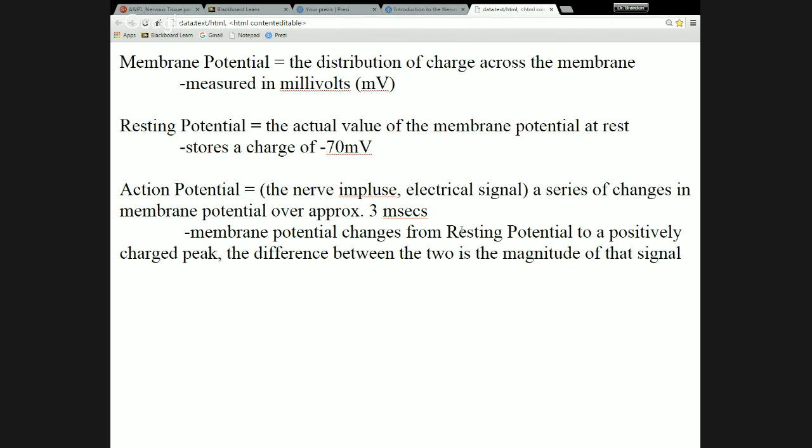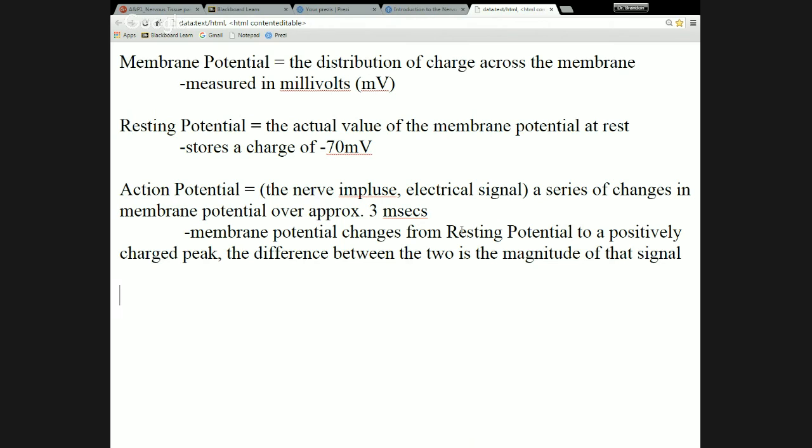Okay, so that 100 millivolt change across the membrane is the basis of our nerve impulse or the electrical signal that we've been talking about. And really a lot of what we're going to do with the rest of this part, well actually mostly on Tuesday, is to explain how that happens. The exact changes in the membrane, in the cell, that are occurring during that 3 millisecond window that's the action potential.